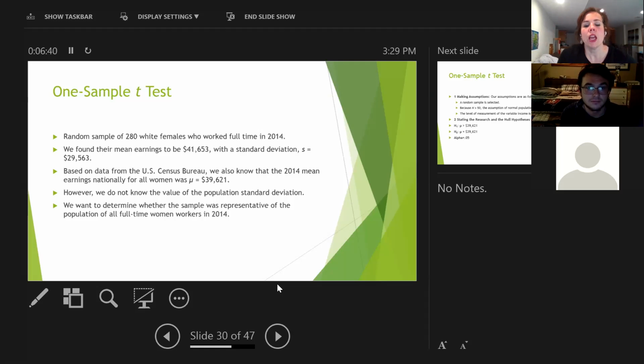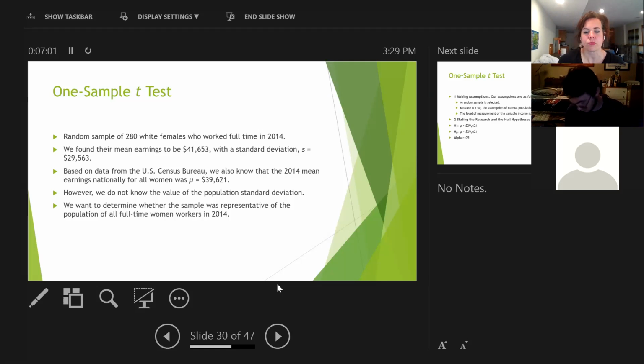Large variation. Based on the data from the US Census Bureau, again, census, hint, hint, hint, population, we know that in 2014, the mean earnings for women was $39,621. But we do not happen to know the standard deviation.